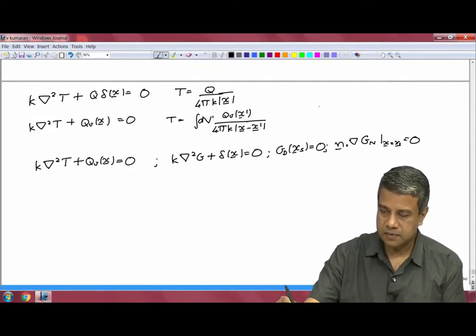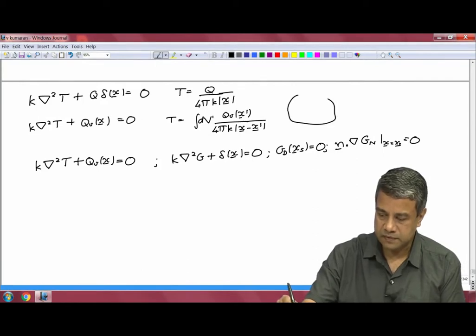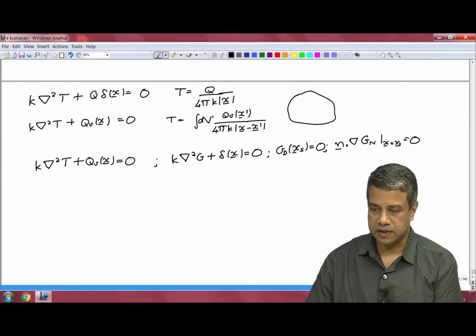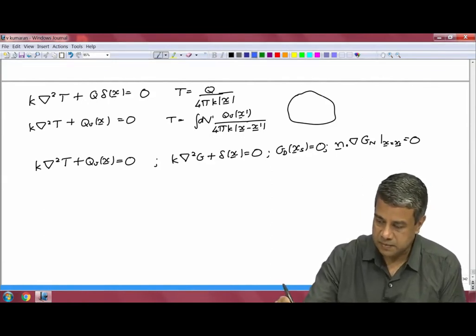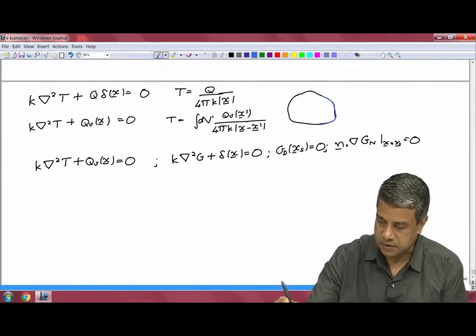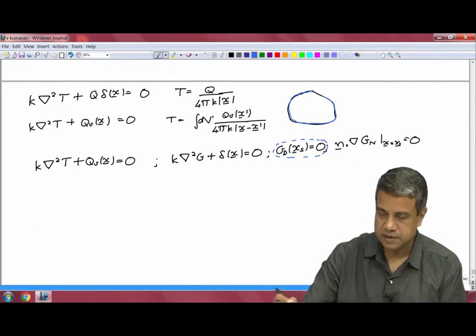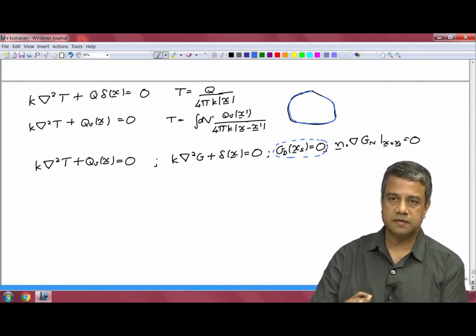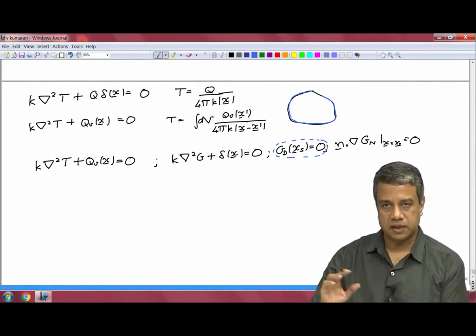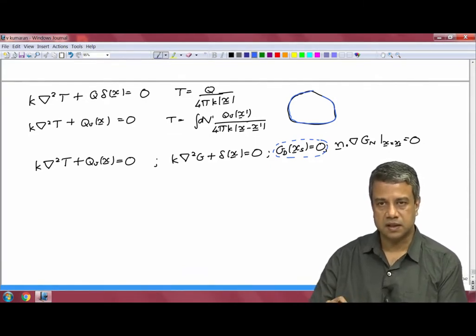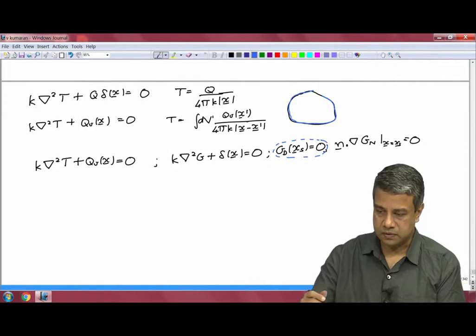So, if I have some domain where I want to find out what the temperature field is, I could specify the temperature at that surface. That is one possibility. I specify the temperature of the surface and subtract out that temperature from the temperature everywhere, so that the redefined temperature at the surface is identically equal to 0.